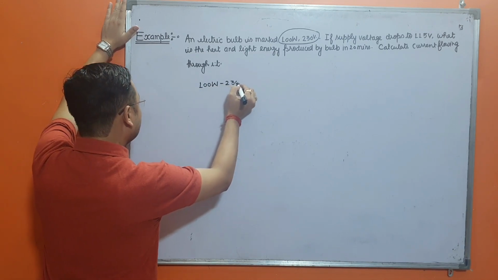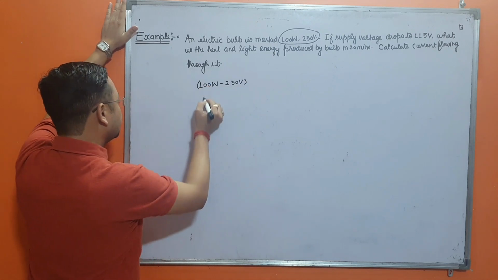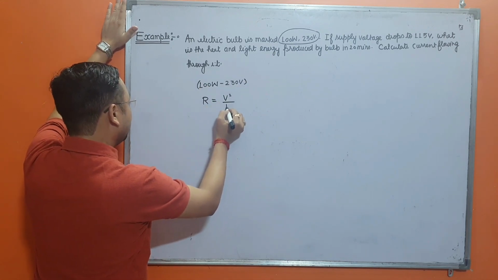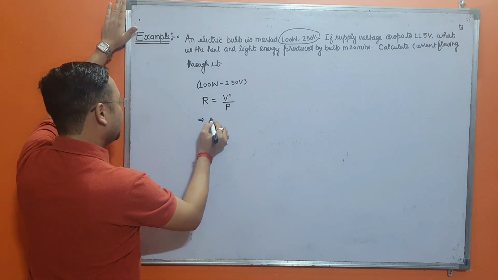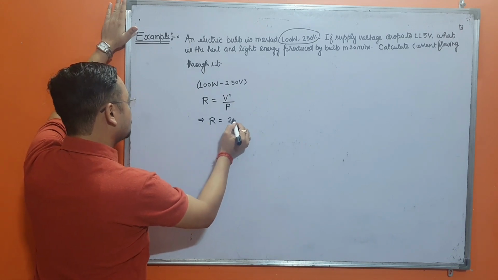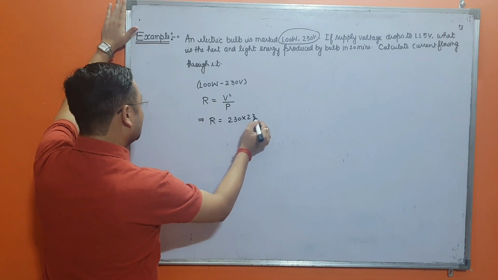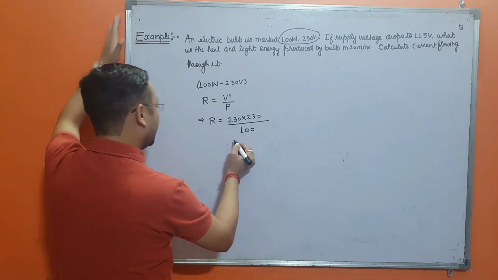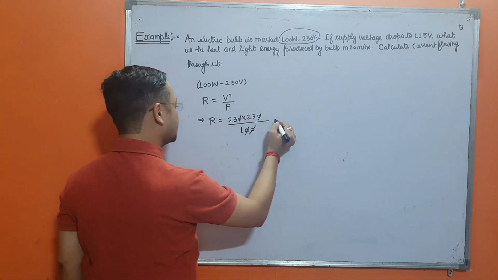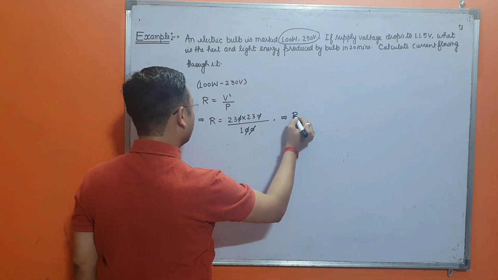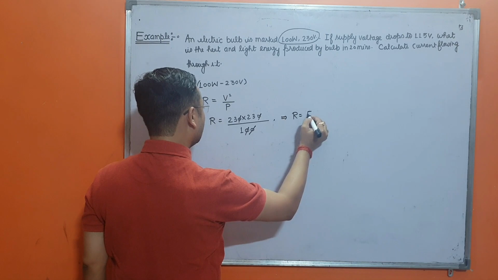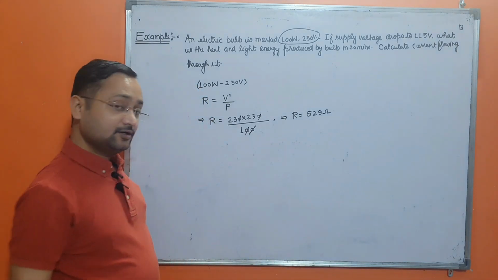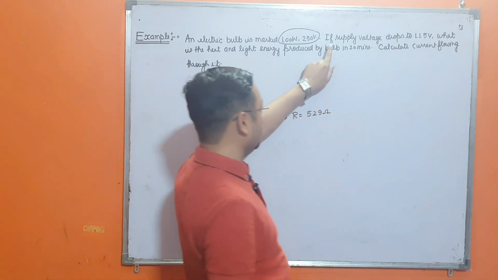If we find the resistance of the component, R is equal to V square divided by P, and this implies that R equals V square, 230 into 230, divided by P, power, 100, and this zero cancels, and R will be equal to 23 into 23, that is 529 ohm. This is the resistance. So this is the first part.